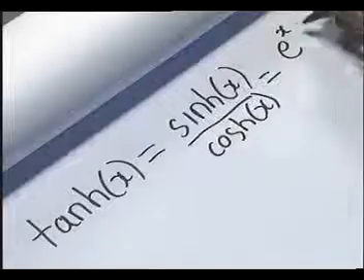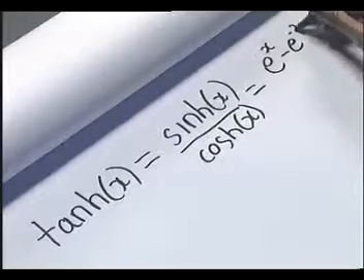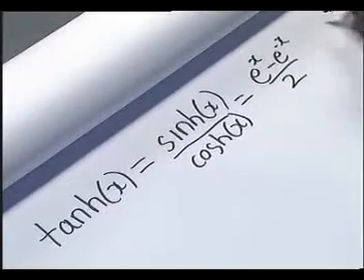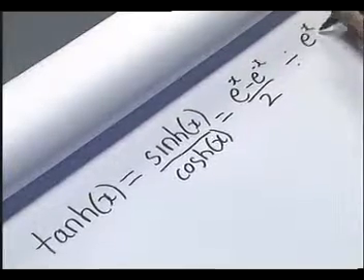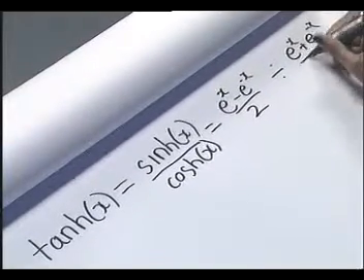And again, there's an exponential function definition, which we can work out by looking at this definition. Because this is sinh x, which is e to the x minus e to the minus x over 2, divided by cosh x, which is e to the x plus e to the minus x over 2.